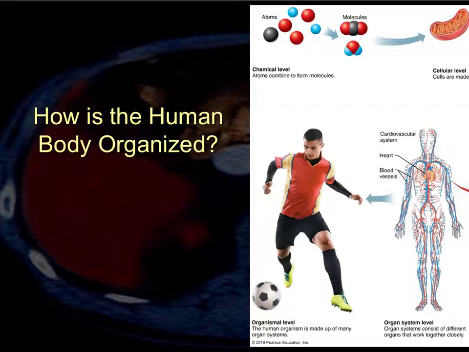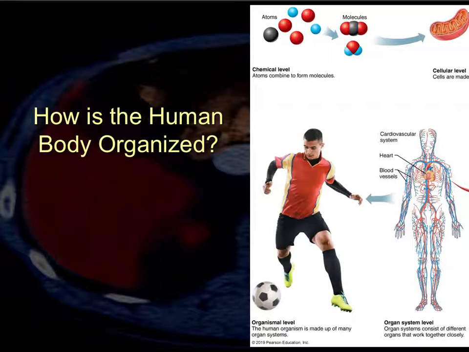That's an organ system. And then, once you get all the different organ systems together, you end up with an organism. Okay, so make sure you can put those in order, from the smallest to the largest, or from the largest to the smallest. Okay?